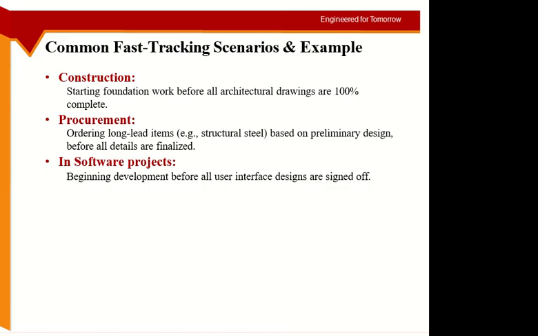Procurement is a phase of the construction work. So you may start ordering items which will take longer time. They are called long lead items. Items which are coming from other countries, items which will take longer time to arrive after the order. These are not items that you can go to the market and just buy. You order them and you have to wait.